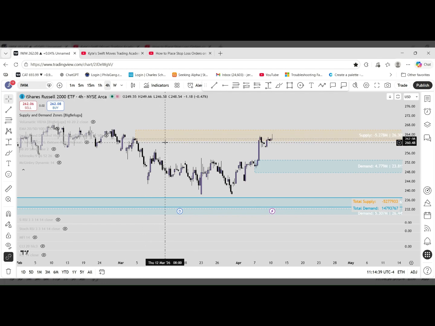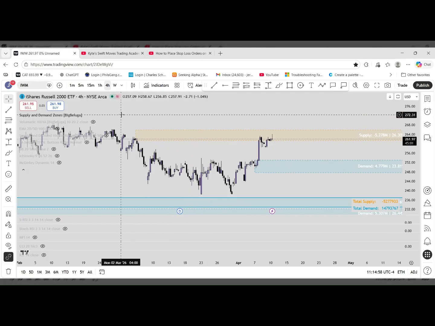When you've identified your supply zone and your demand zone, basically what you're looking at are two different levels or layers, if you would, of where the price is going to bounce back and forth between.